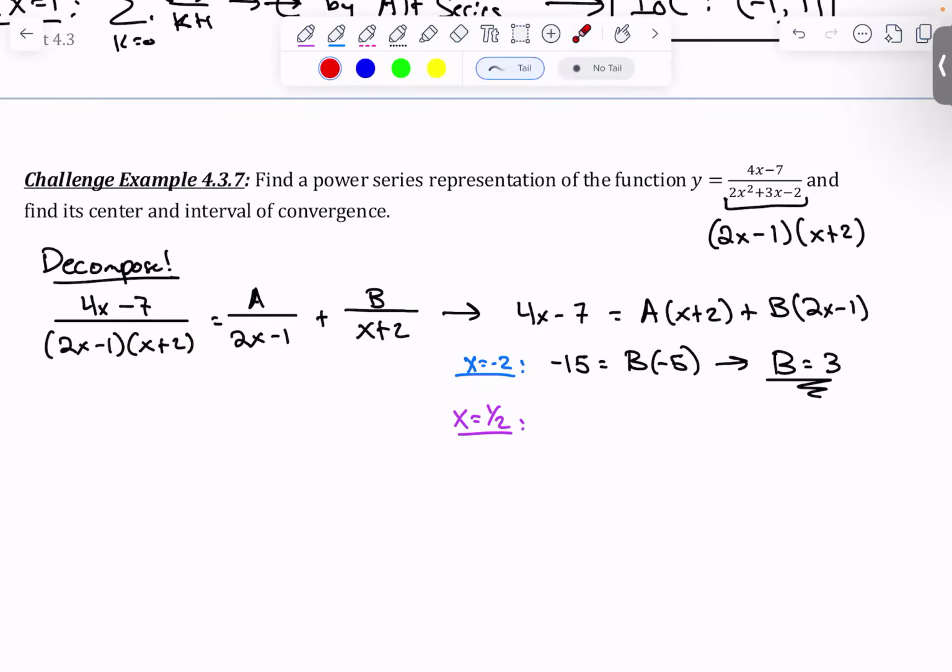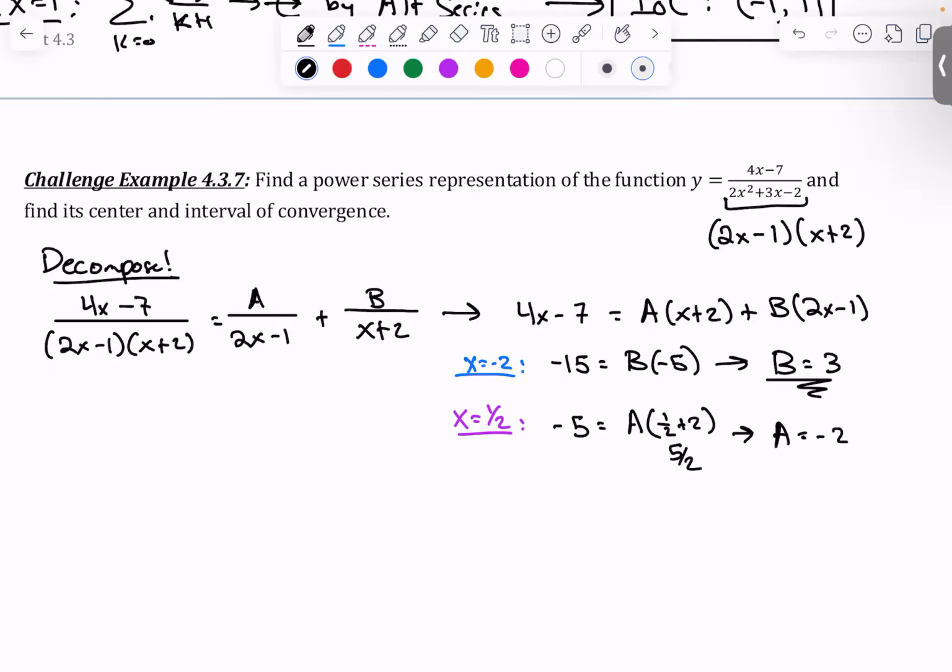That would give me 4 times 1/2, that's 2, minus 7, that's -5, equals a times (1/2 plus 2). But 1/2 plus 2 is, well, 2 is 4 halves, plus an additional 1 is 5 halves. So that means that a is equal to -2.